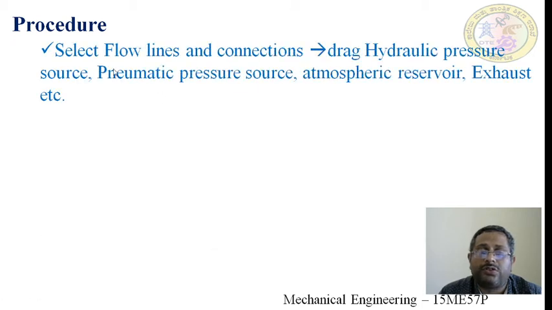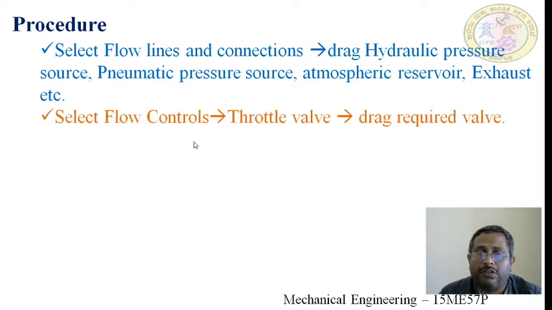Next, you have to control the speed, so you have to place a flow control valve. That is, in flow control valves, we have to select the throttle valve. In that, drag the required valve. Here it is a non-return throttle valve, variable non-return throttle valve. After creating all those things, next you have to save the project by giving a suitable file name in the specified location.